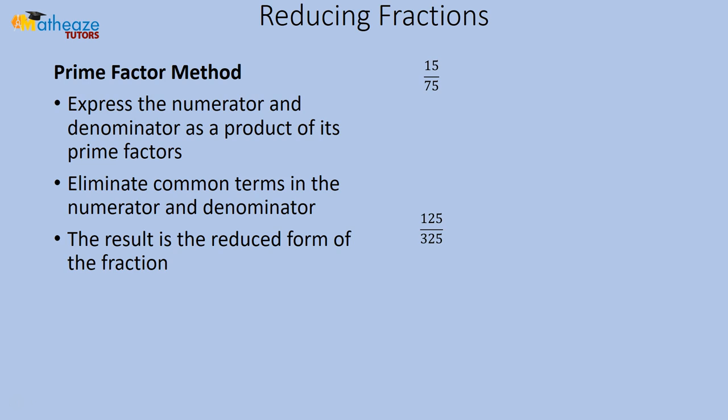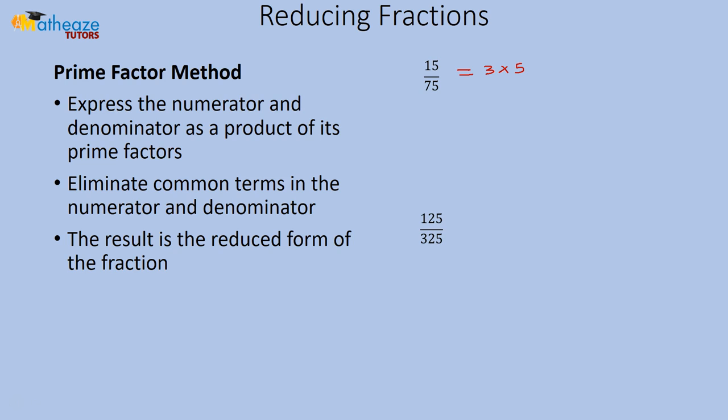So we're going to rewrite each of these numbers as a product of its prime factors first. So if we look at 15, for example, this is the same as 3 times 5. If you need help with this, you can look at the video on factor trees.